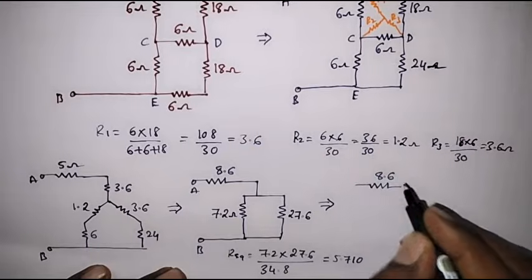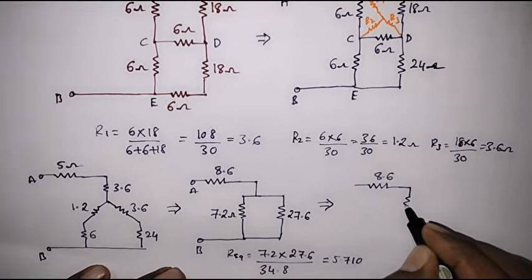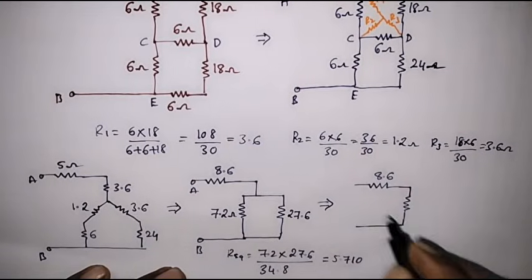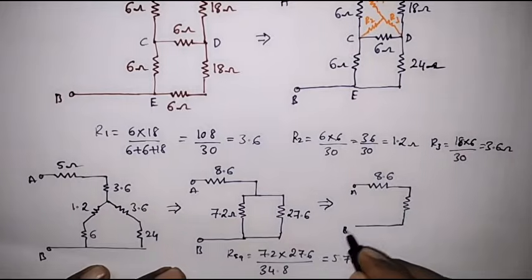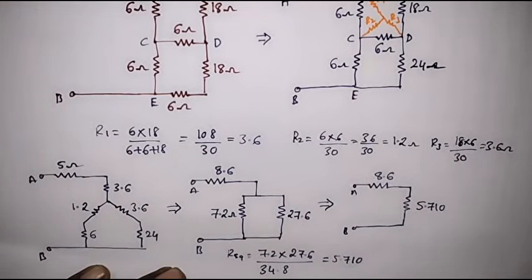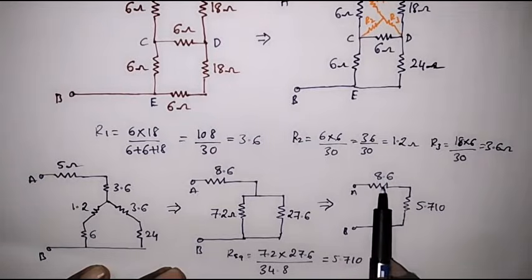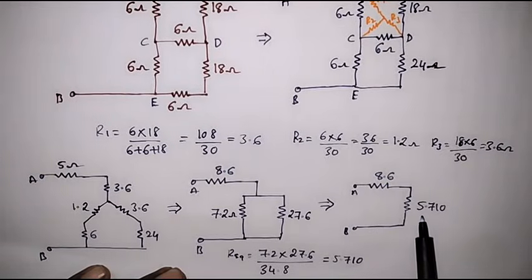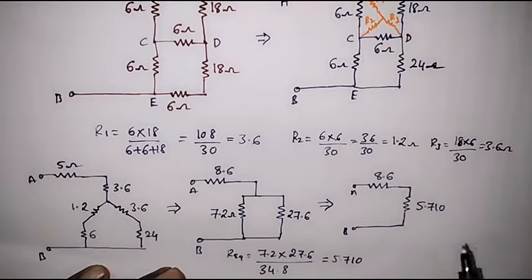This is 8.6, and the value of this is 5.710. Now we can see that 8.6 is in series with 5.710.